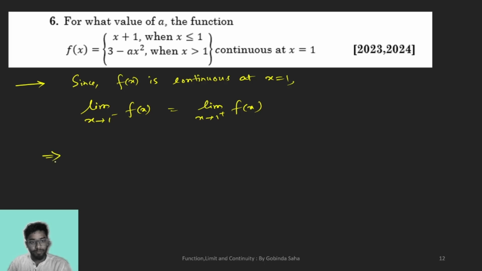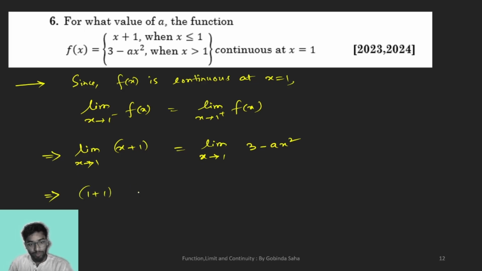Okay. So for 1 minus f(x), x tends to 1, it is less than 1 but close to 1. So it will be x plus 1. And this side it is greater than 1 but close to 1. So it will be 3 minus a x square. You can easily put these two values.